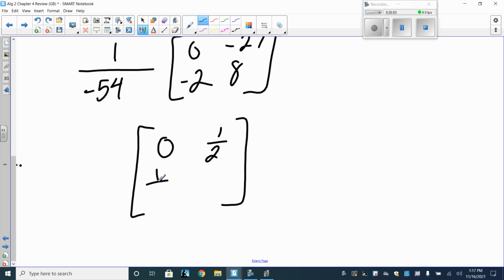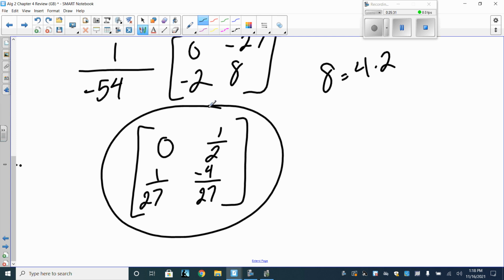Well, they do have a common factor, and it would leave us with 1/27, because our 54 was 2 times 27. The 2 and 2 would cancel. Now 8 actually works out to be negative 4 27s. Because 8 is 4 times 2. So this here would be the inverse. I think I'll just type that in the calculator. Okay.